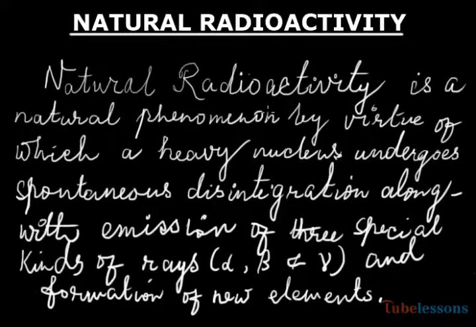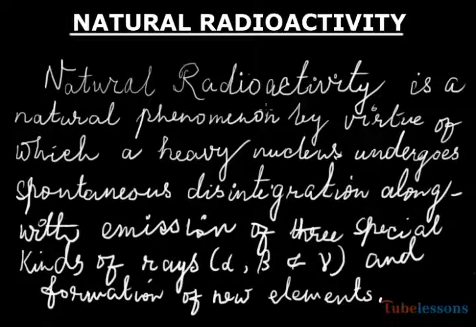Now, what is natural radioactivity? Sir Becquerel observed that from the heavy nucleus of uranium, three kinds of rays, alpha, beta, gamma, were emitted. The nucleus is disintegrated spontaneously.